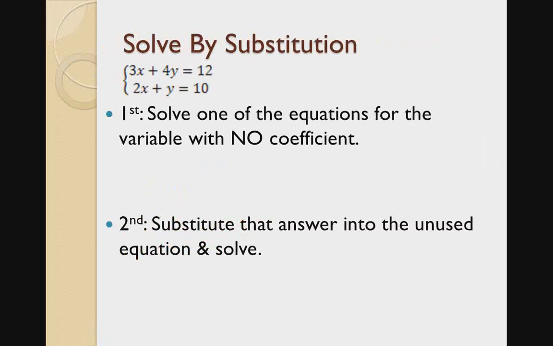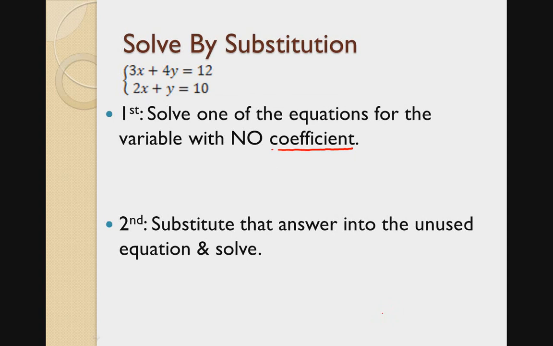Solve by substitution. Here's an example: 3x plus 4y equals 12, and 2x plus y equals 10. First step, we're going to solve one of the equations for the variable with no coefficient. Remember that a coefficient is the number in front of the variable.